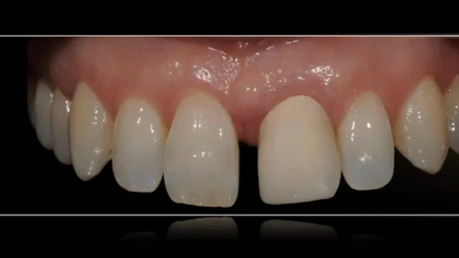And when we asked the patient about the gap, the diastema, she said, well, I don't mind to close the diastema, I just want to reduce it. And so the easy solution the dentist suggests is to build up a direct composite on the mesial surface of the 11 and have a ceramic crown on the 12.